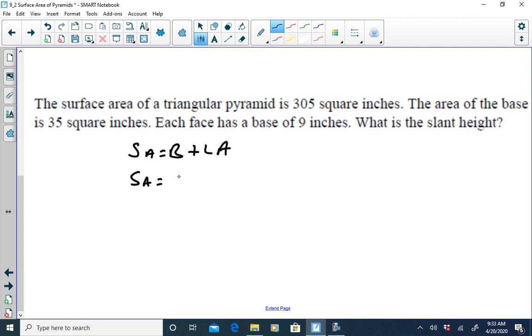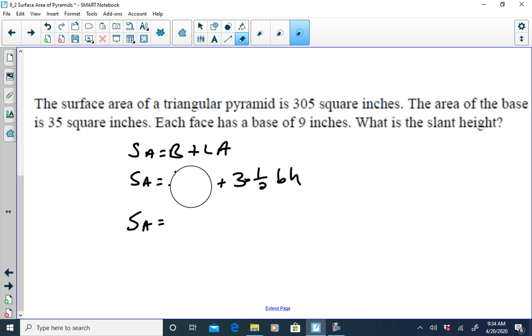Surface area is going to be equal to, well, it's a triangular pyramid, so that means the base is 1/2 base times height. That also means that you're going to have 3 triangles that are 1/2 base times height, because the base is a triangle. So now we substitute what we know.